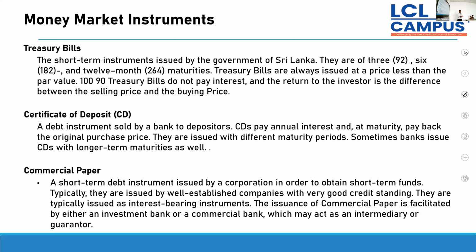Keep that in mind. It is always issued at a price less than the par value, as we discussed earlier. If the par value is 100, for how much will they issue? 90 rupees, right? So this thing we have also discussed.